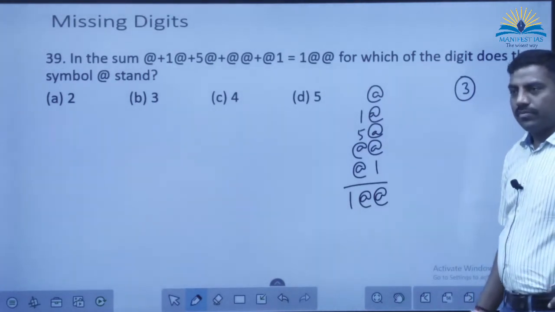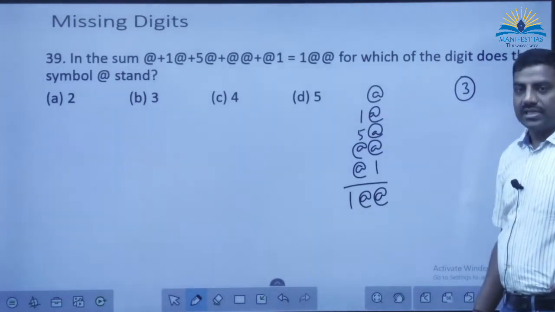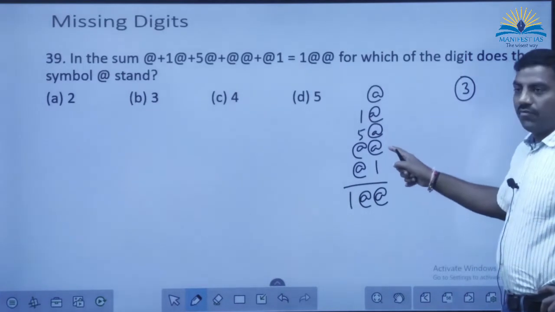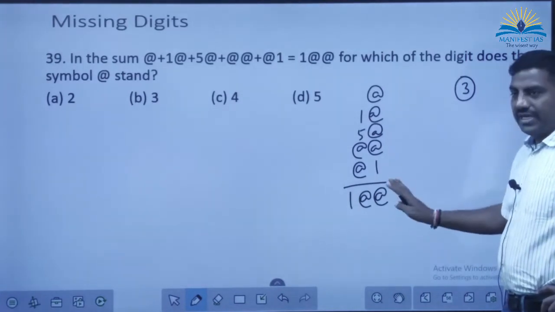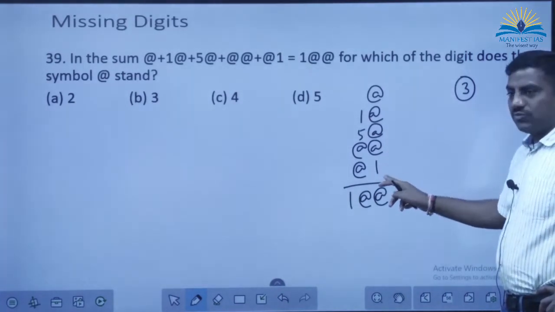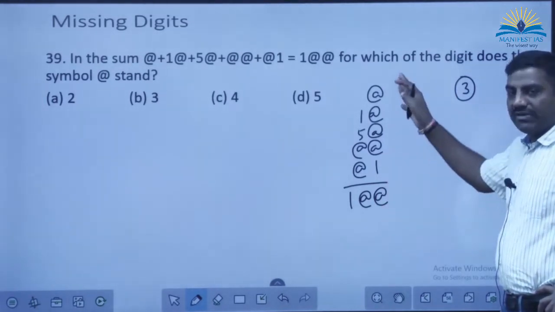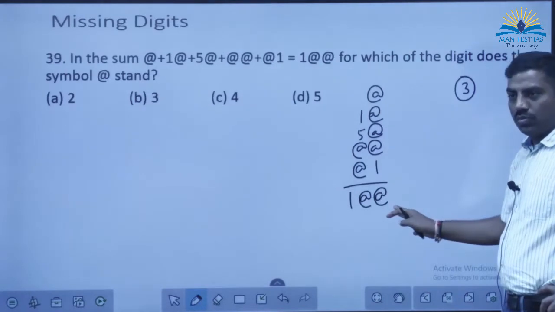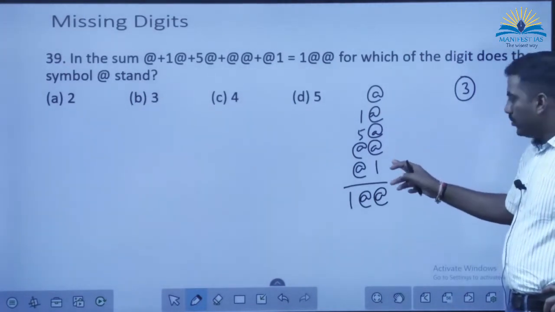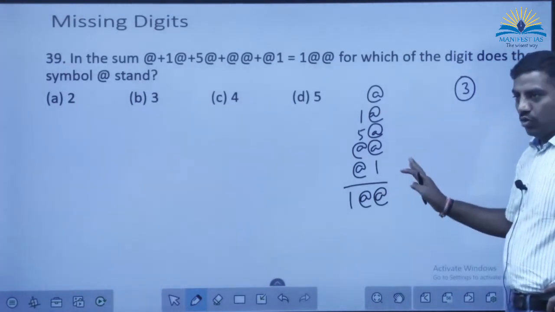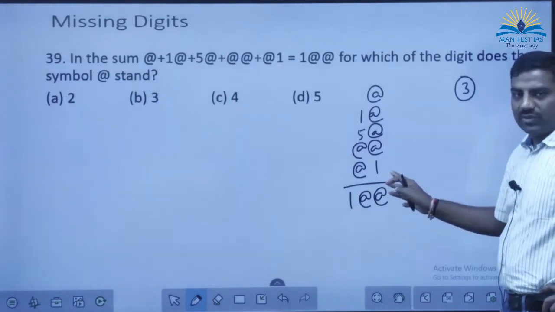Now go for 4. Don't be blind about 3. Check other options also. 4 4s are 16 plus 1, 17. No. 5 4s are 20 plus 1. No. 6 4s are 24 plus 1. No. 7 4s are 28 plus 1. No. 8 4s are 32 plus 1, 33. No. 9 4s are 36 plus 1, 37.